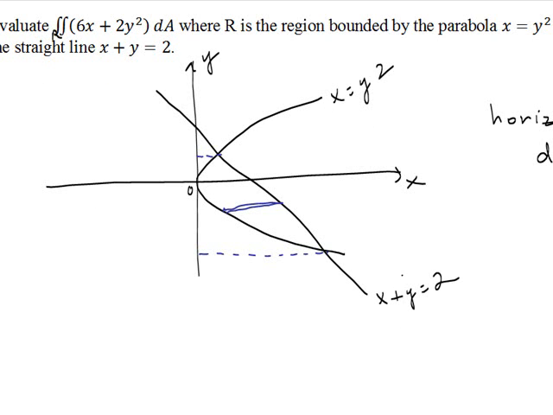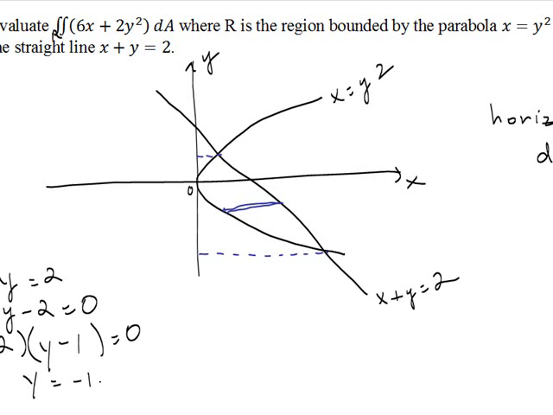Alright, so when I substitute, we get y squared plus y equals 2. Solve. So y squared plus y minus 2 is 0. Factor. Y plus 2, y minus 1. The other way around, isn't it?